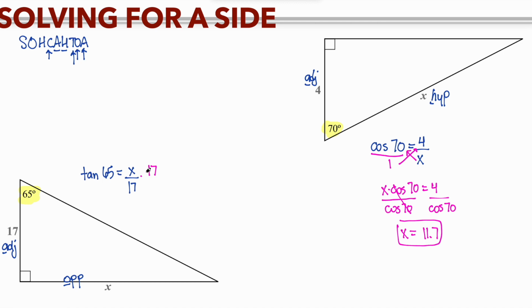So to solve for x, I'm going to multiply both sides by 17. And I'll get 17 times tangent of 65. And that will give me 36.46, again, depending on where you round.